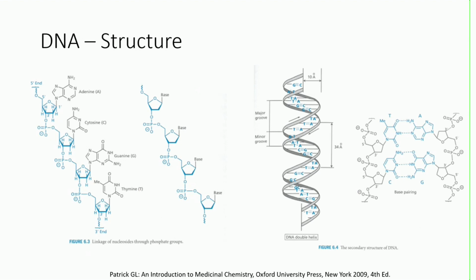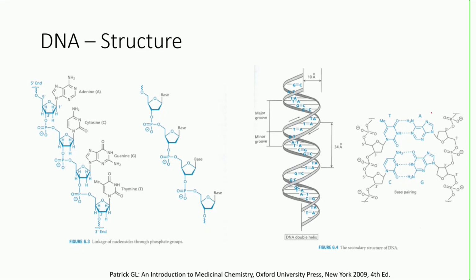So let's have a look at the picture. From the left side, there is the precise structure, then a simplified structure of the deoxyriboses bound to phosphates, where the deoxyribose carries the base.